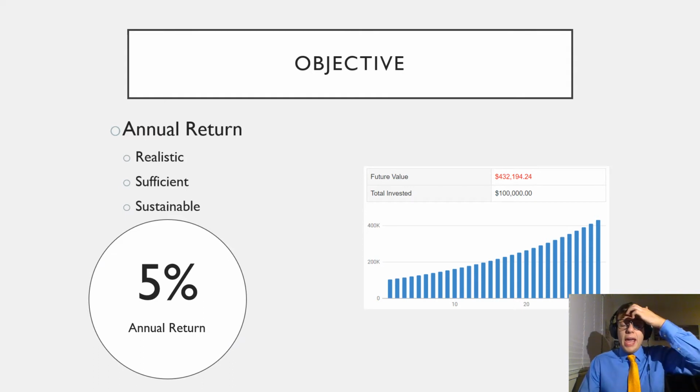I needed a return that will help me reach that $425,000 amount after the 30 years. And in doing so, I needed to make sure that my goal was sustainable. I needed to earn something that I could earn year after year over time, so that I am not planning to earn 100% in the first 5 years and then zero after.